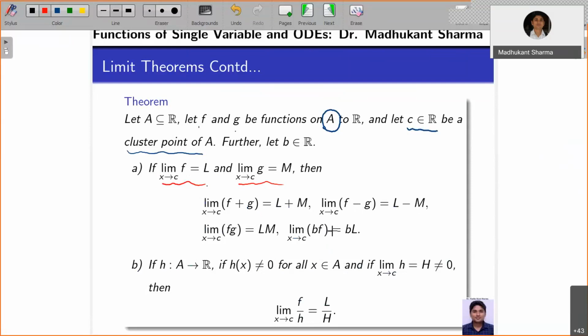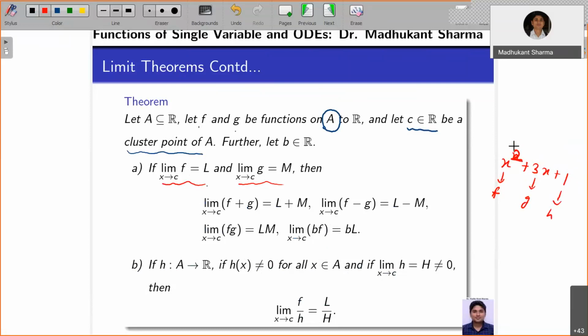It's very simple now. So if you have a sum of functions, like x to the power n or x square plus 3x plus 1, it's a polynomial of degree 2. So you can treat this as function f, this as function g, this as function h. They all are well defined over the real numbers.